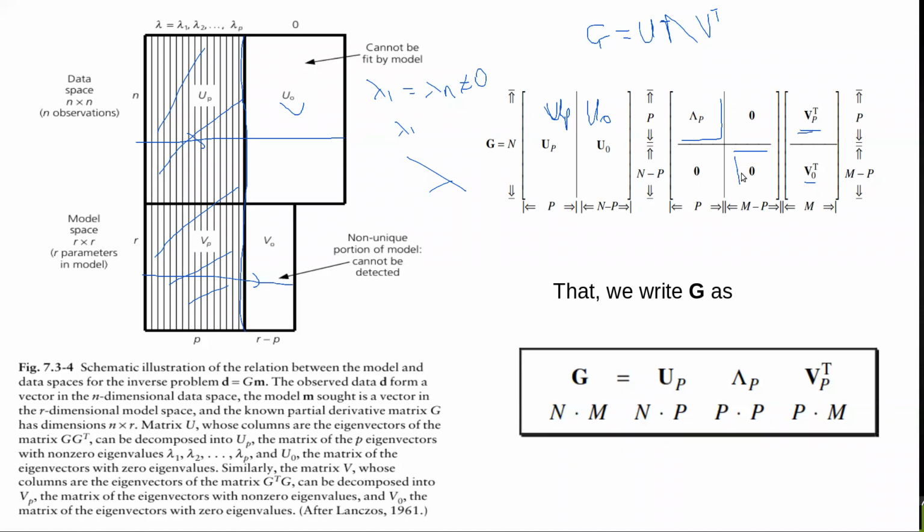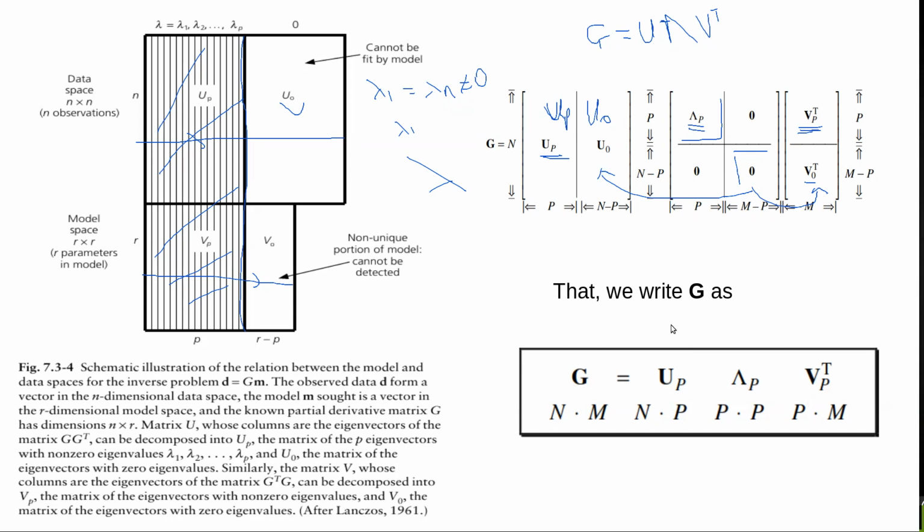What the zero singular values do is knock these U naught and V naught off, so that we can write G as U_P lambda_P V_P transpose, using just the non-zero part of the singular value decomposition.